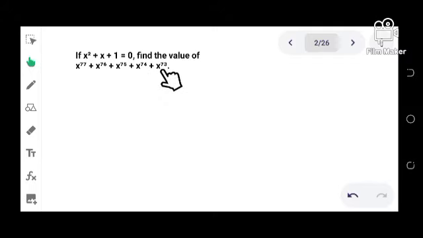So what we're going to do is make a comparison of the two expressions and try to see if one form can be substituted into the other expression. Now, let's look at x squared plus x plus 1 and x to the 77 plus x to the 76 plus x to the 75 plus x to the 74 plus x to the 73.